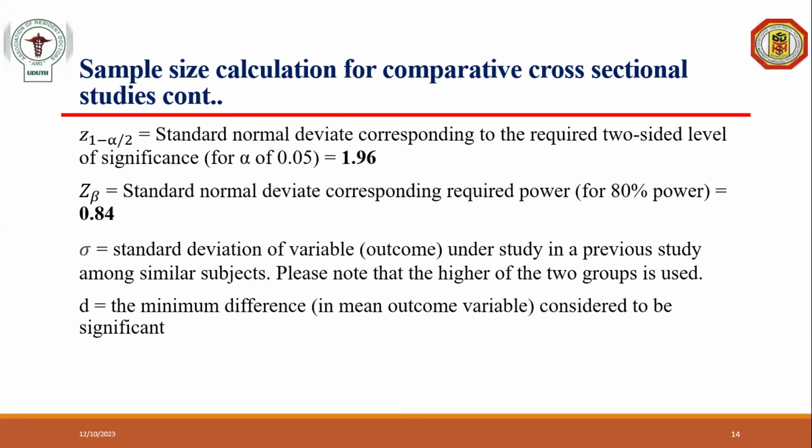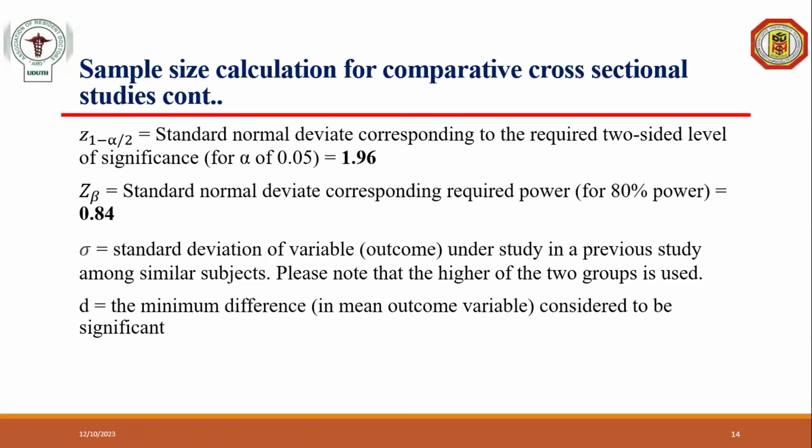Then Z beta is the standard normal deviate corresponding to our required power, which is 80% power, and is equal to 0.84. Lambda is the standard deviation of the variable under study in a previous study among similar subjects. So please note that the higher of the two groups is used.